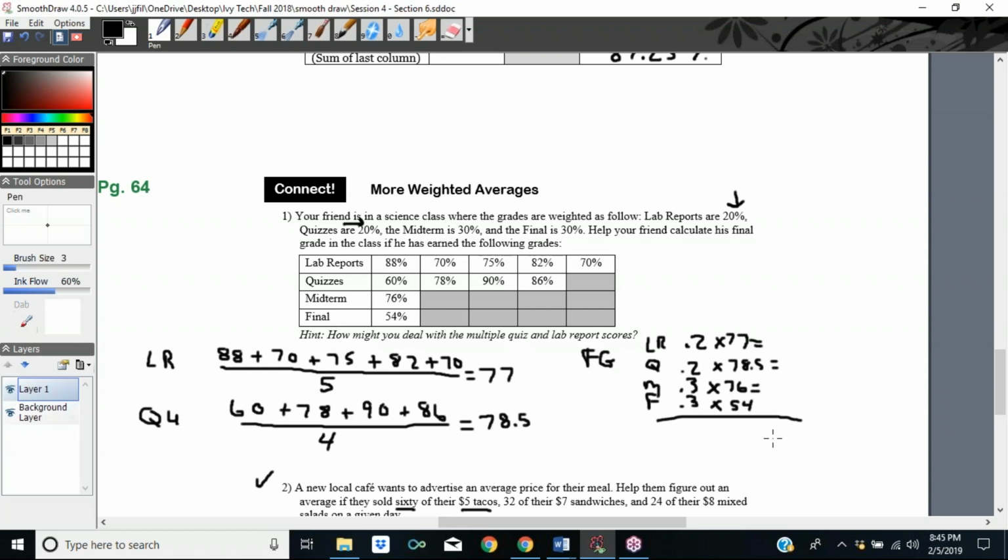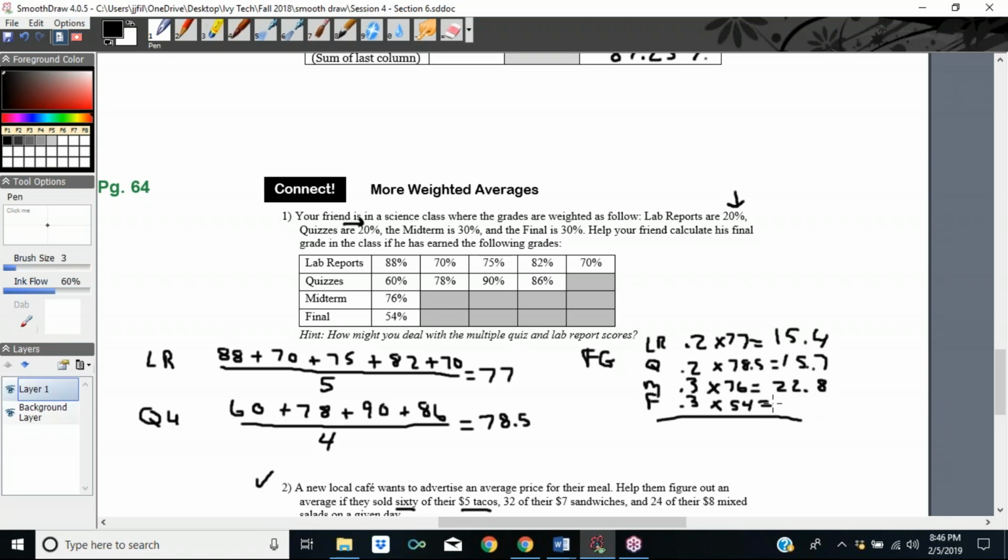So let's see, 0.2 times 77 is 15.4. And then we have 0.2 times 78.5, and that's 15.7. 0.3 times 76 is 22.8.